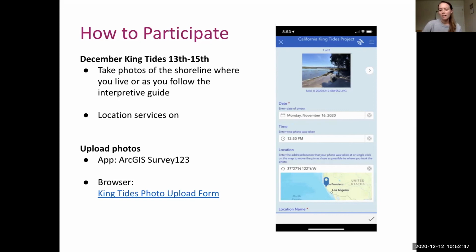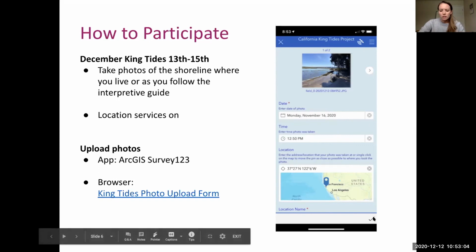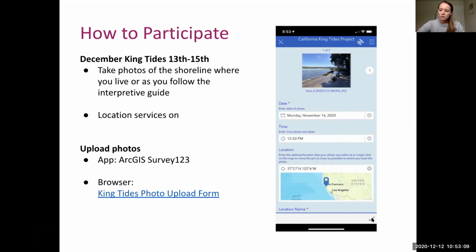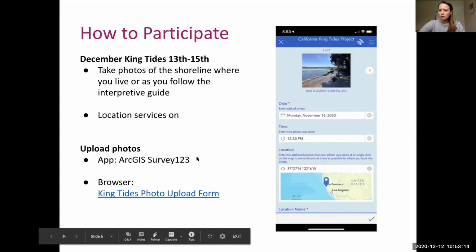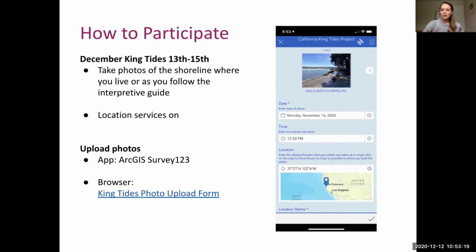They also ask you to add some location names, so I just said Palo Alto Baylands, but you can also make other notes or observational data as you upload it. Then you just click submit your survey, and you can add as many photos as you would like. And yes, there's a step-by-step guide that I'll share too, which is pretty helpful to run through if you have any technical issues.